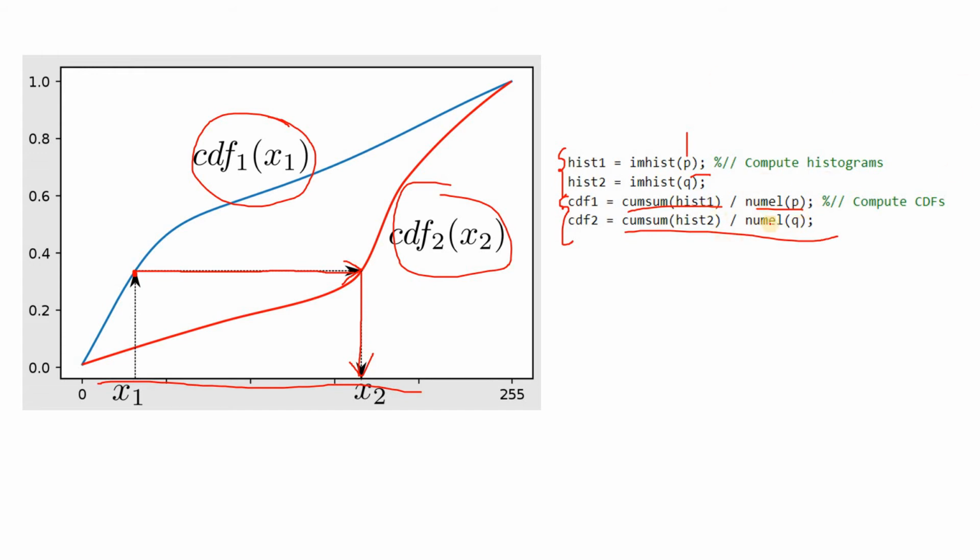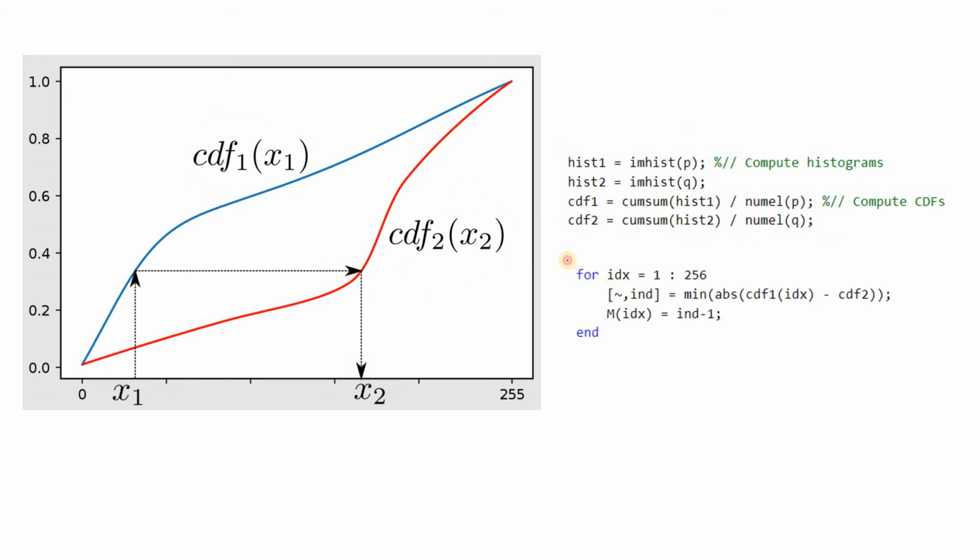It's the same way, very easy mathematical stuff, right? So now we have CDF1, which is the cumulative distribution function for our input image, and CDF2, which is the cumulative distribution function of our reference image, where we have to match the histogram.